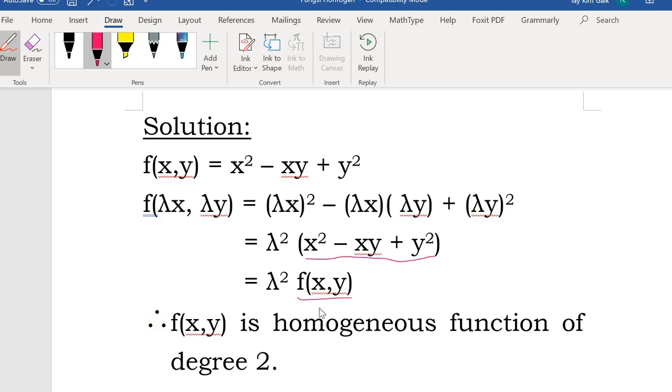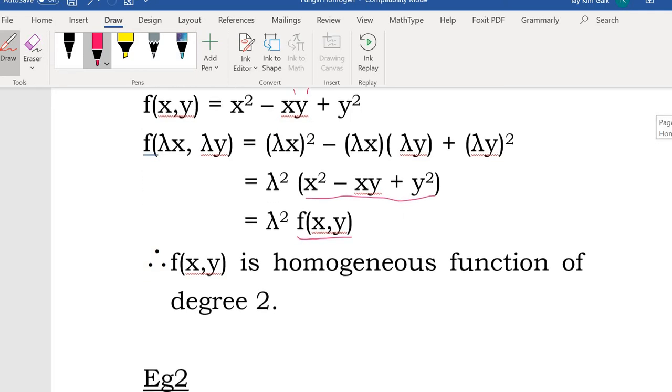So degree 2, this is what we call a homogeneous function of degree 2. And actually, if a function is homogeneous, the power for each term will be the same. Here power 2, here we have power 1 and 1, total is power 2. So this is a homogeneous function of degree 2.